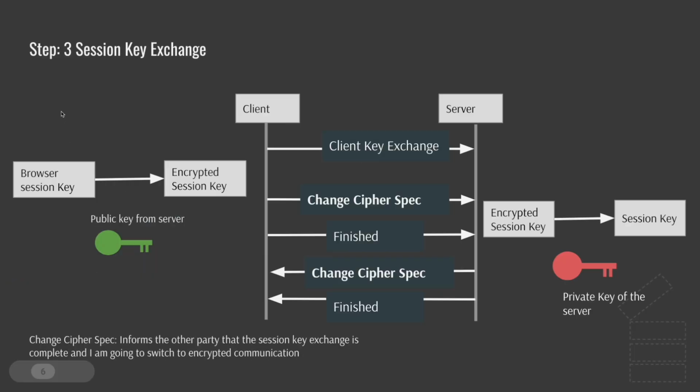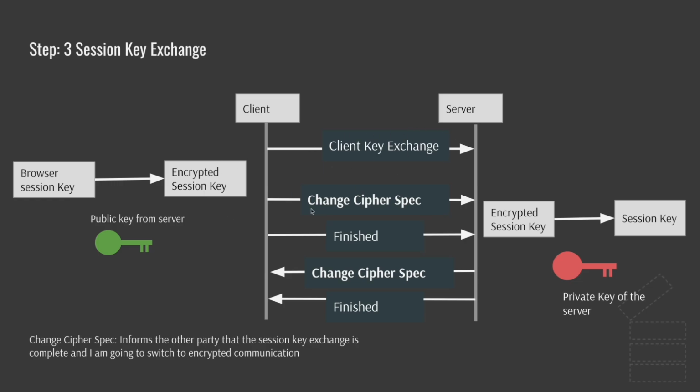Okay, so the session key exchange. In the previous step, we saw the public key is obtained from the server by the client. So now the browser creates a session key, encrypts the session key using the public key, and sends the encrypted session key to the server.